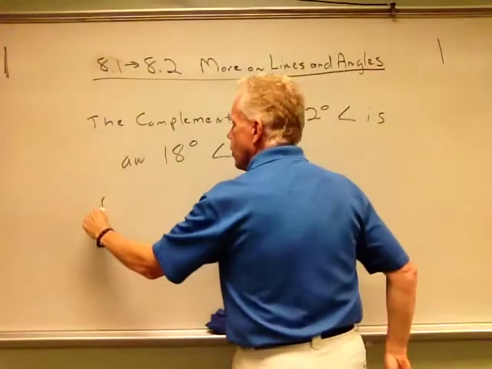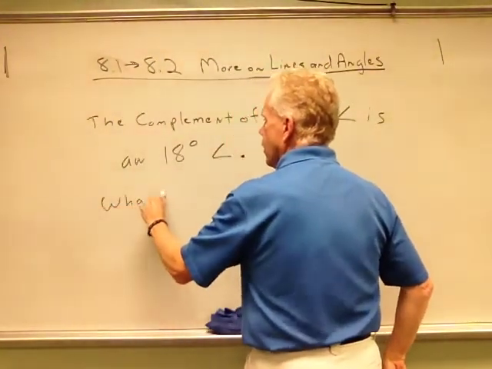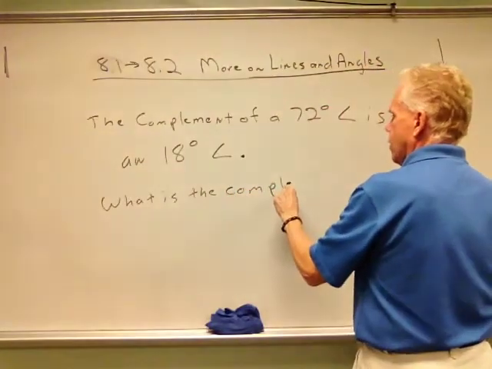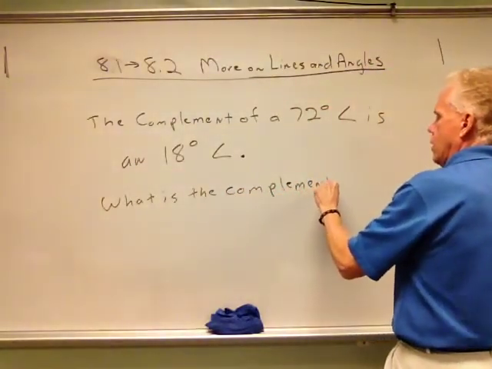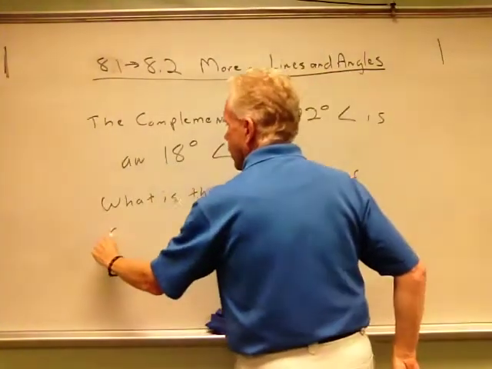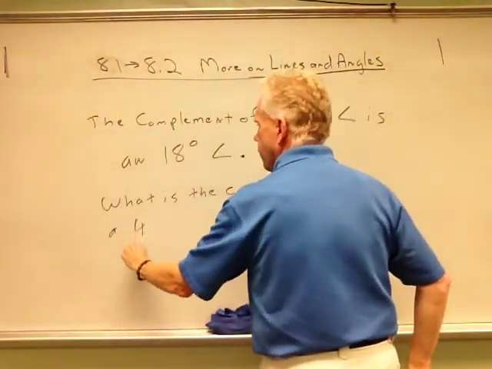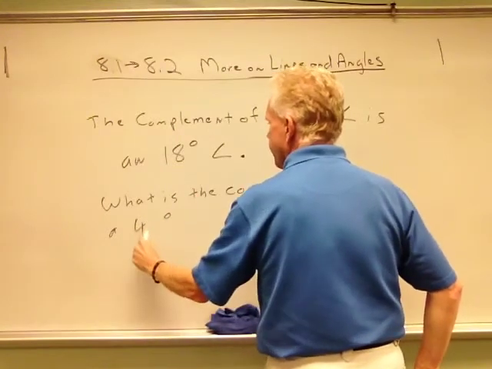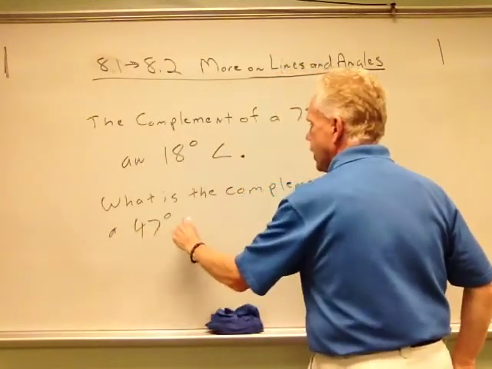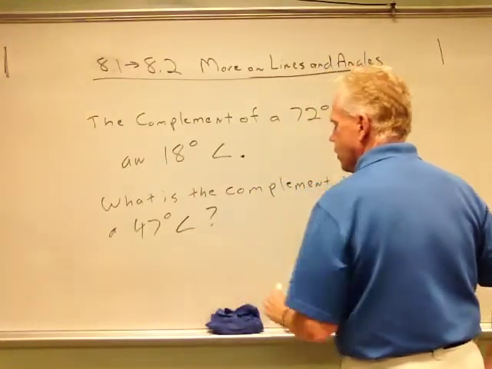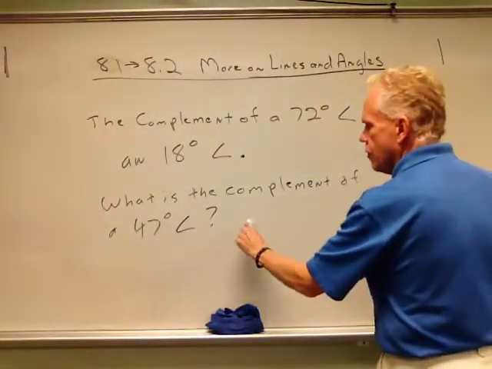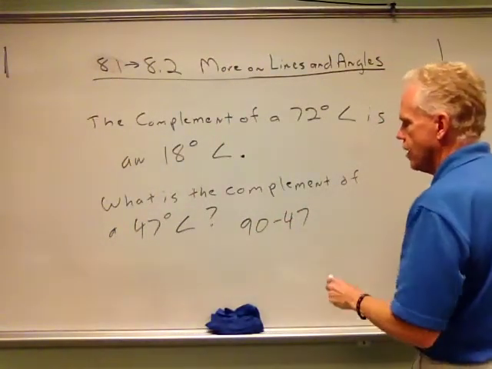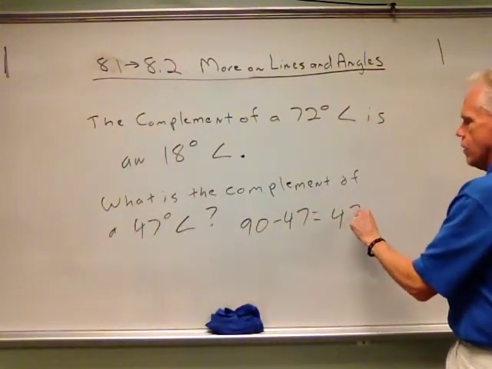So if I ask you, what is the complement of a 47-degree angle, then I hope you would know that you would do 90 minus 47. 90 minus 47 equals 43.